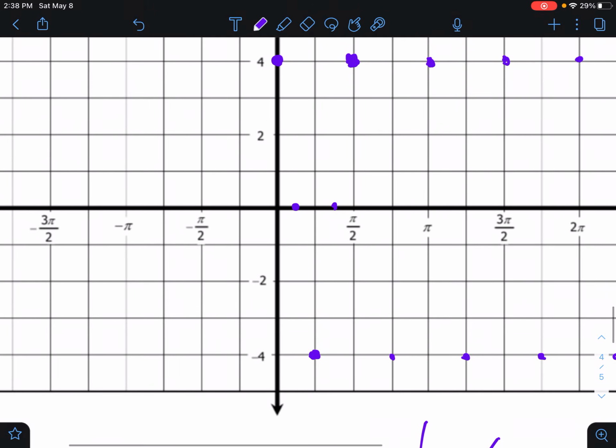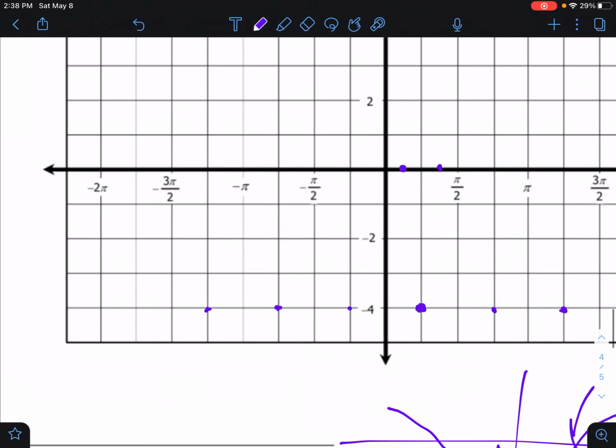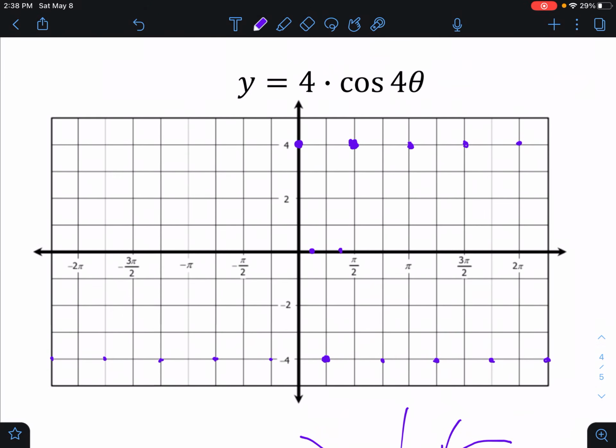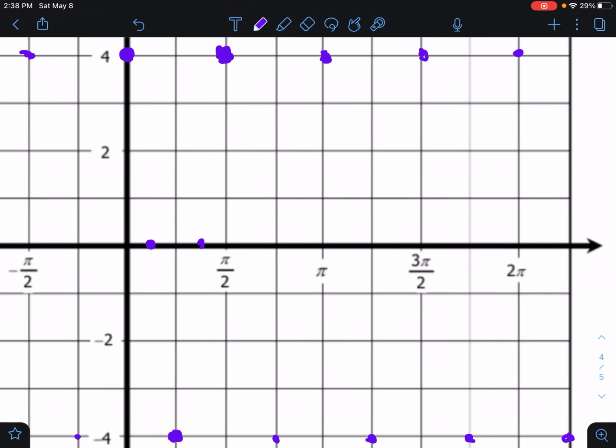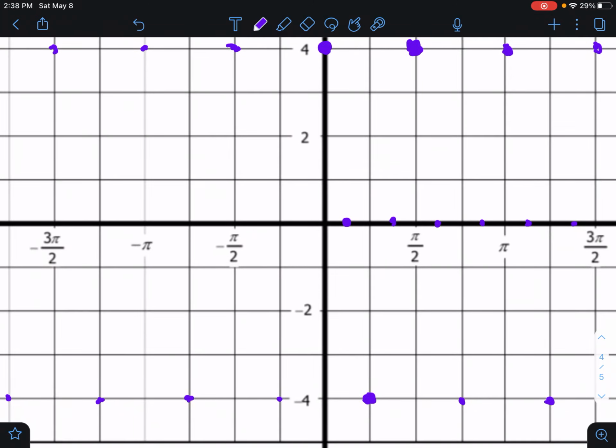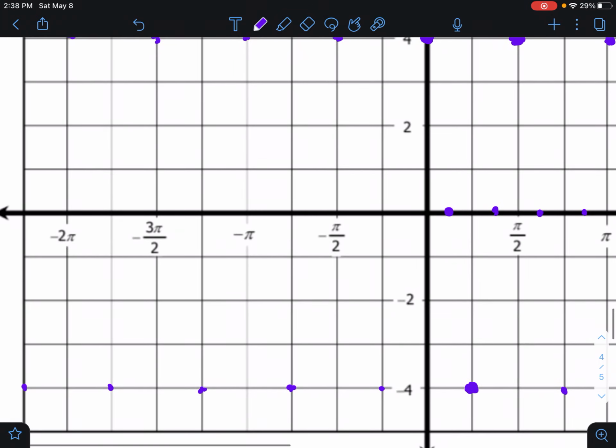We can go back this way. And then it is helpful to also put these zeros in between. And then try to do the best you can with connecting these on your iPad.